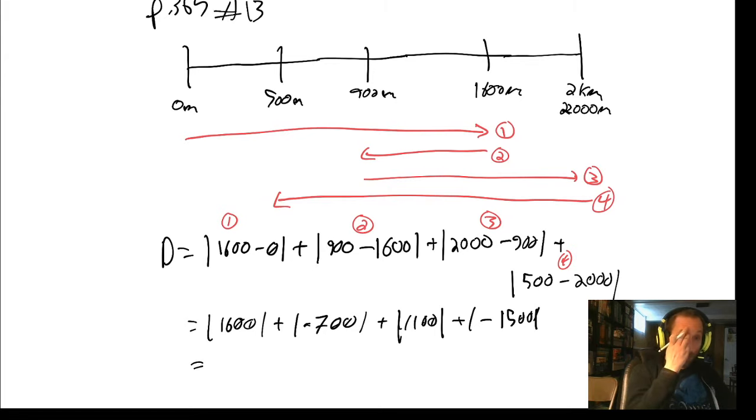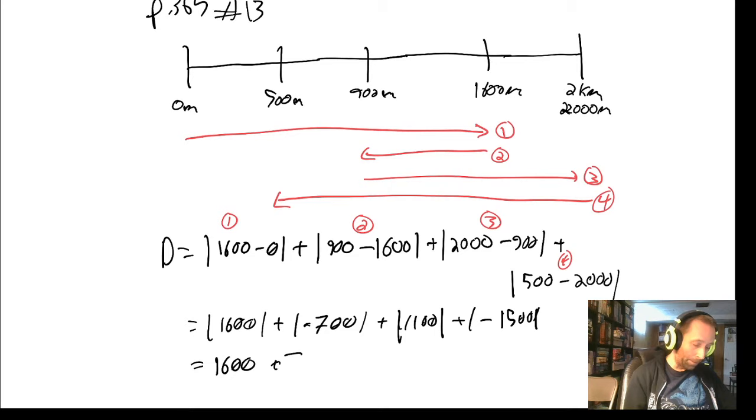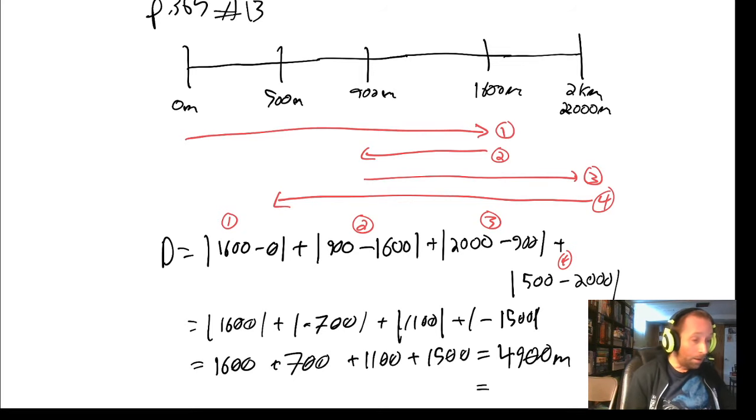So since we're doing the absolute value of each of these, this just ends up being 1,600 plus 700 plus 1,100 plus 1,500. And I added that up earlier. I got 4,900 meters.